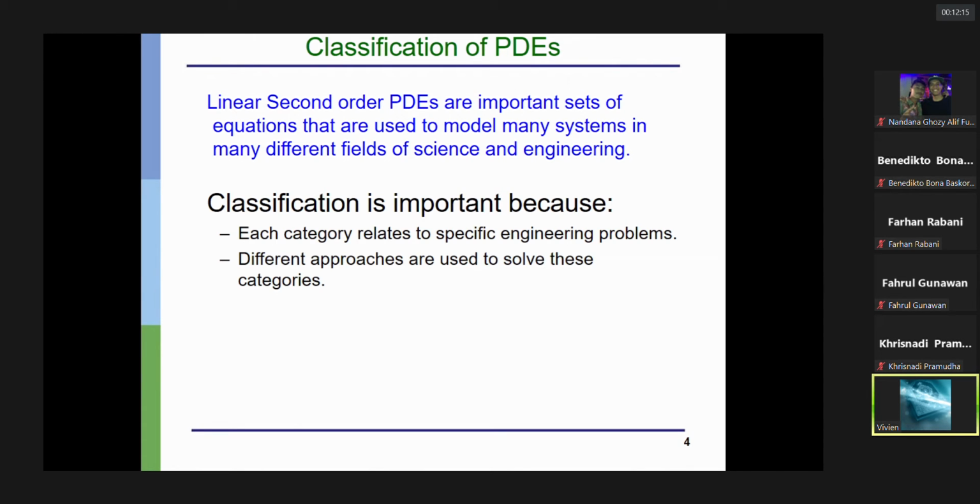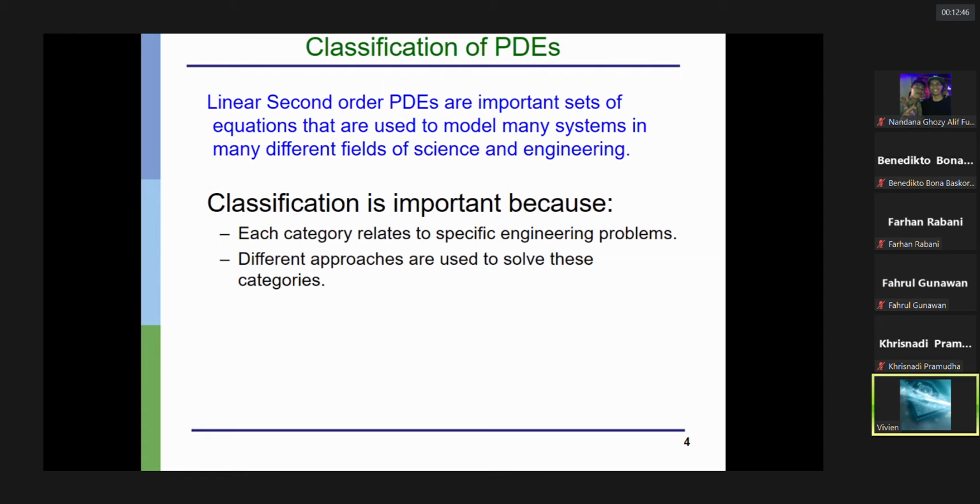When we learn about PDEs, it's very important to classify which type the PDE is. Linear second order PDEs are very important because they are used in many engineering problems. It is important to classify them because each category relates to a specific engineering problem, and different approaches are used to solve these categories.